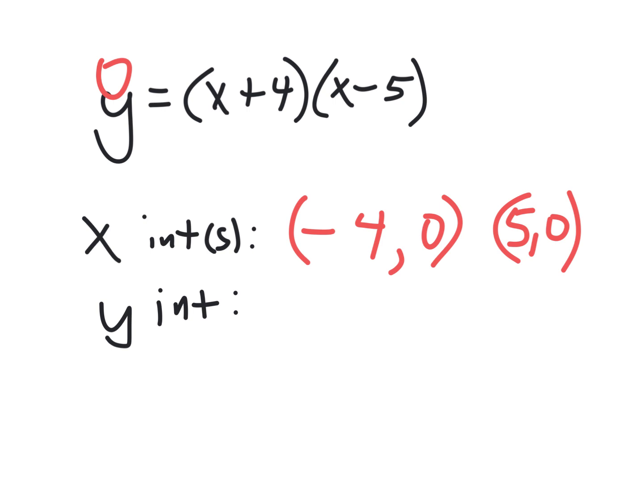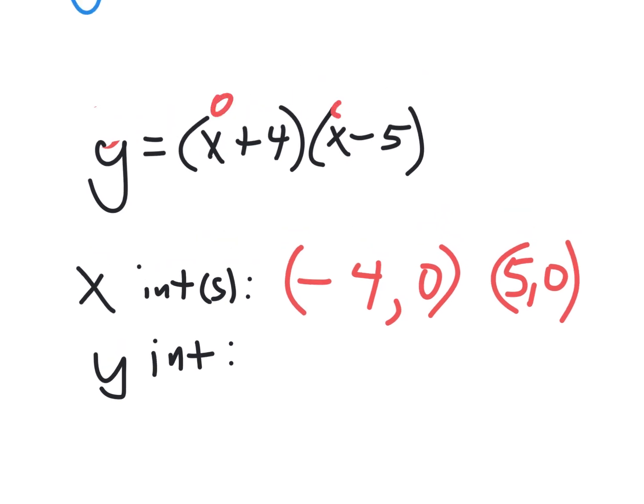Now, the y-intercept is where x is 0. So I'm going to put in an x of 0. And then you tell me, when I put in 0 here and here, what's this part? 0 plus 4. So, what's the total? It's just 4. We're just putting in a 0, so don't overthink it.